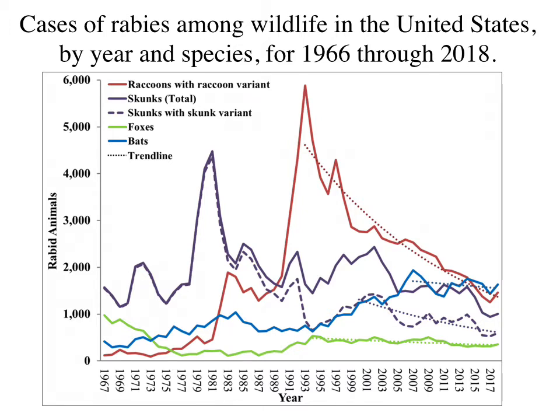Raccoons continue to be the most frequently reported rabid wildlife species, followed by bats, skunks, foxes, and other wild animals. Although in 2018, bats actually beat out raccoons, and they were the most frequently reported rabid animal in the United States.